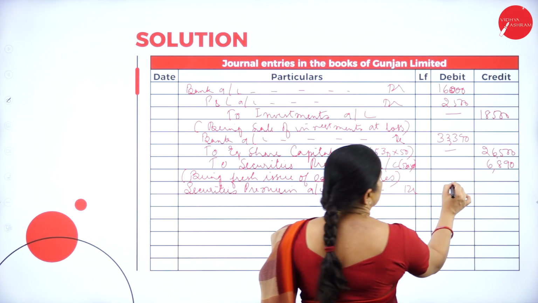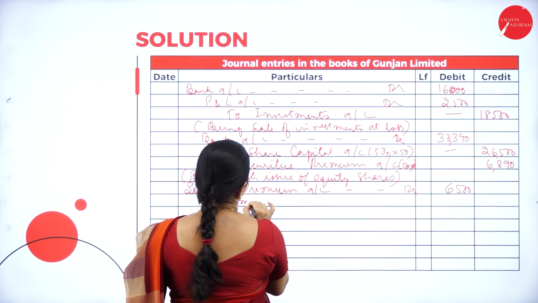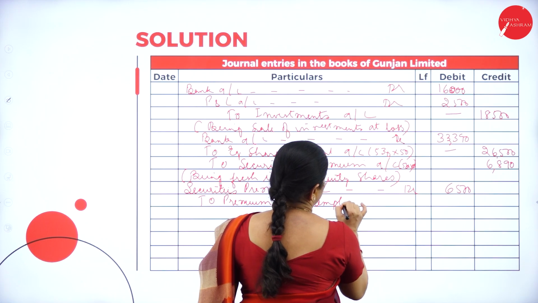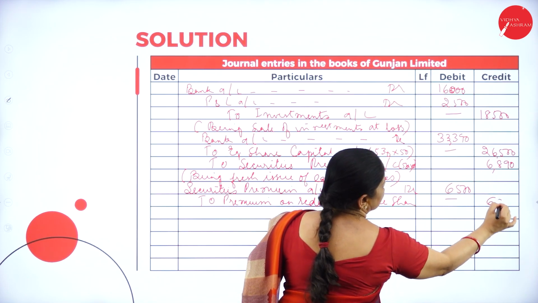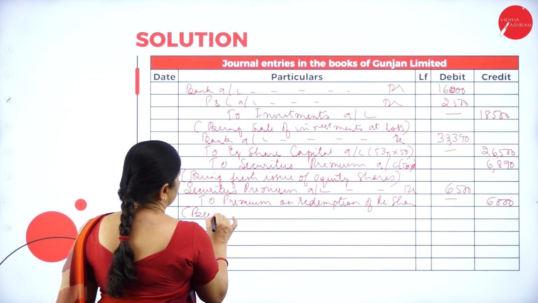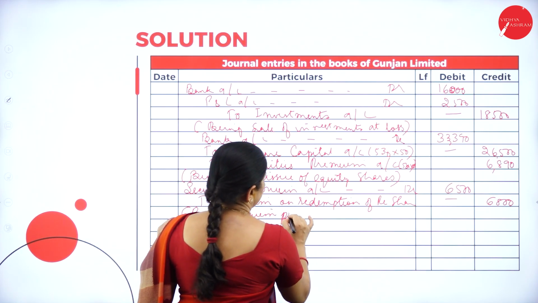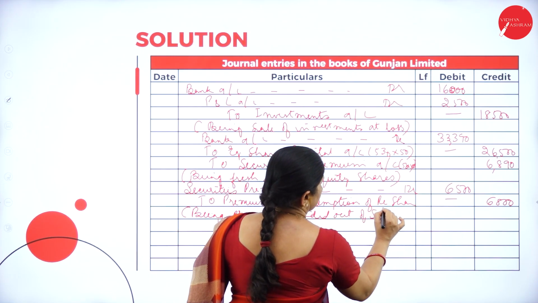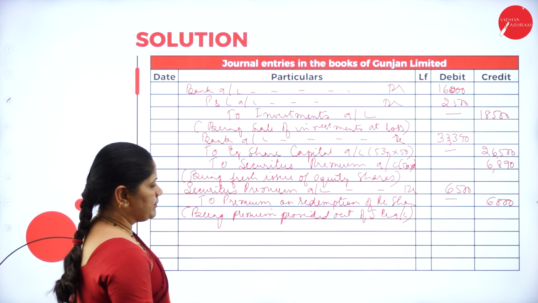So I write 6,500 to premium on redemption of preference shares, being premium money provided out of securities premium account. So we are providing the premium money out of securities premium account.